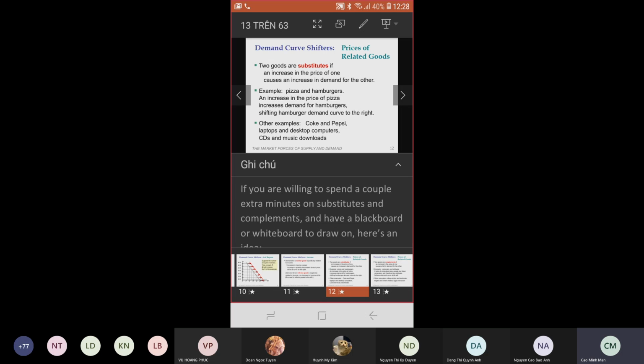Try to imagine the situation of Pepsi and Coca-Cola. Pepsi is a substitute of Coca-Cola. If the price of Pepsi is higher, demand of Coca-Cola is higher too. Can you understand that?